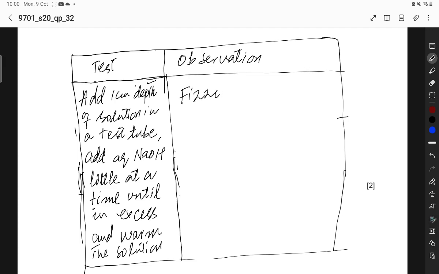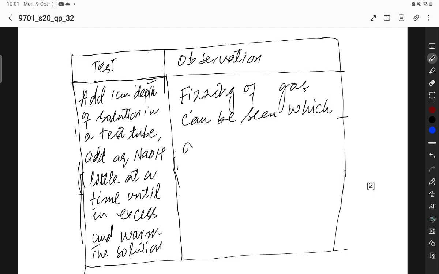Fizzing can be seen, fizzing of gas which turns damp red litmus paper blue.